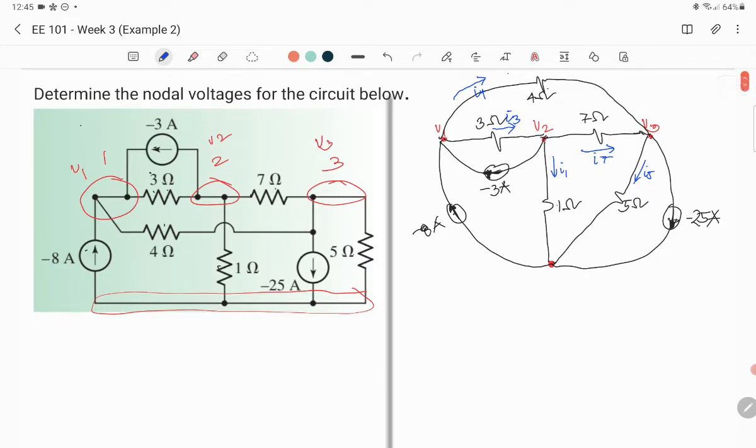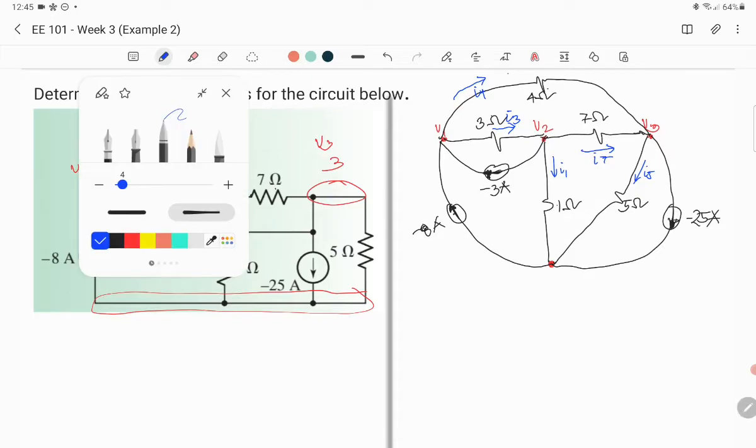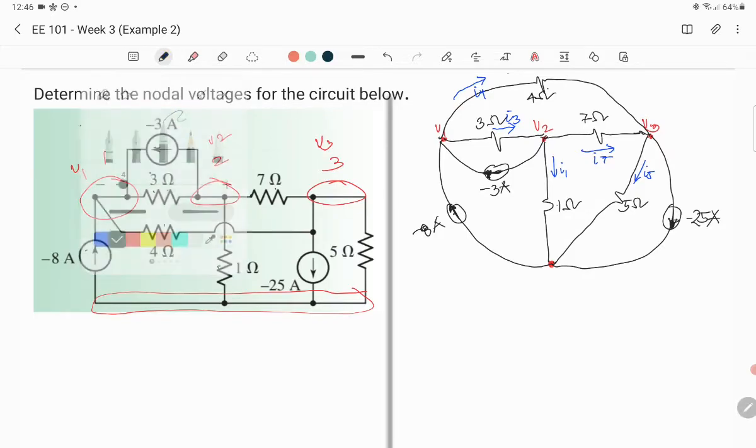After being able to write the currents in our circuit, we are now ready to solve for the unknowns using KCL. Again, you would notice that there are three unknowns in this problem: V1, V2, and V3.